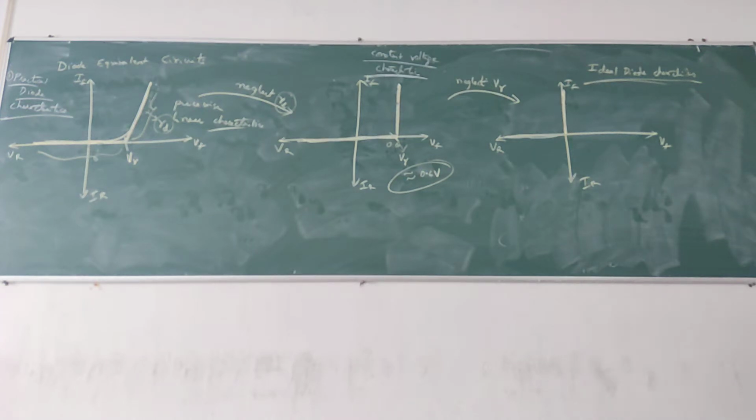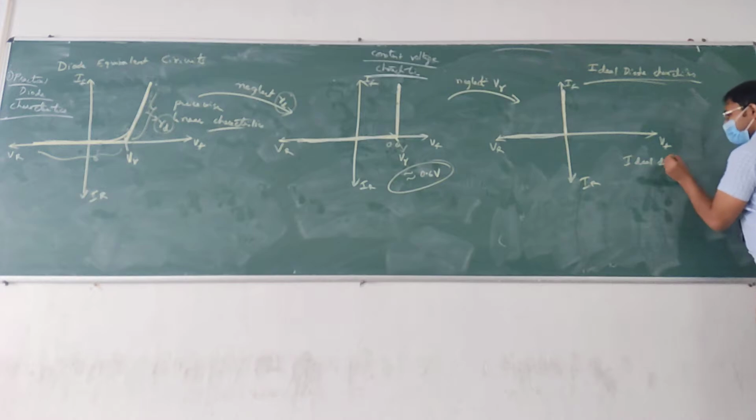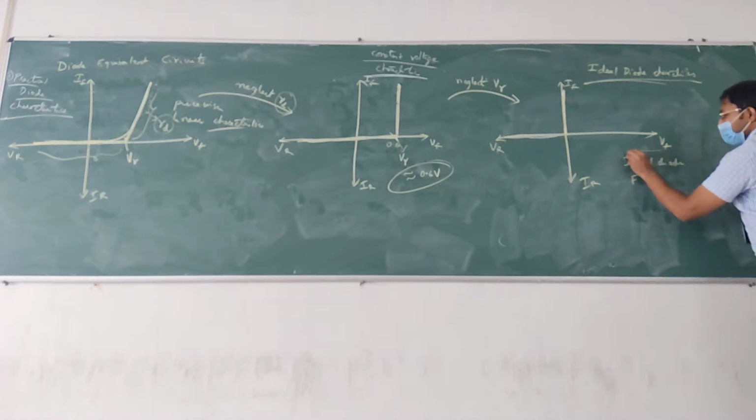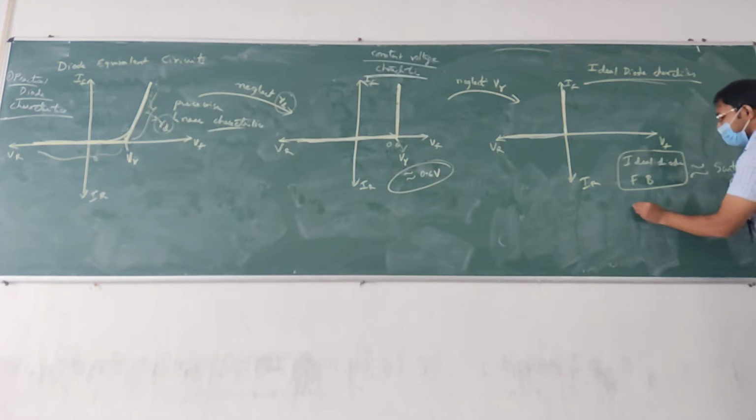So what we can say is, under forward bias condition, an ideal diode is equivalent to a switch in on condition, whereas under reverse bias, it is equivalent to a switch in off condition.